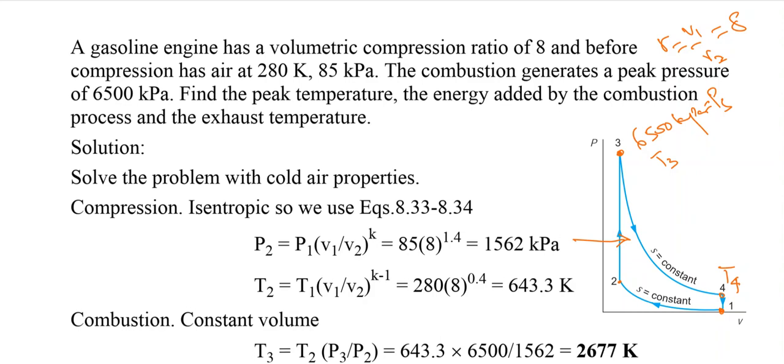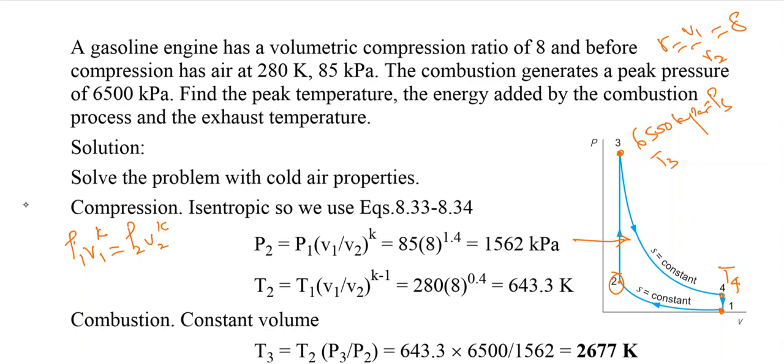To find the peak temperature, which is at state number 3, we need to go through state number 2 as well. The properties at state number 2 come from state 1 through adiabatic compression. For the adiabatic process, remember from lecture number 12a, we have P1 V1 raised to power k equal to P2 V2 raised to power k.